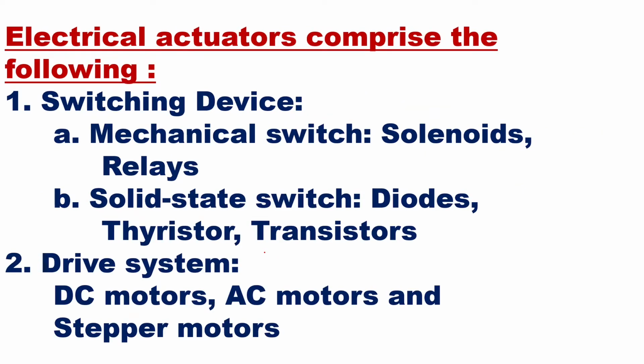Electrical actuators are of a few types, and the main types are shown here. Number one, switching devices. In that you can have mechanical switches like solenoids and relays. You can have solid state switches like solid state devices, the diodes, thyristors, that is SCRs or TRIACs. You can have transistors like BJT, bipolar junction transistor.